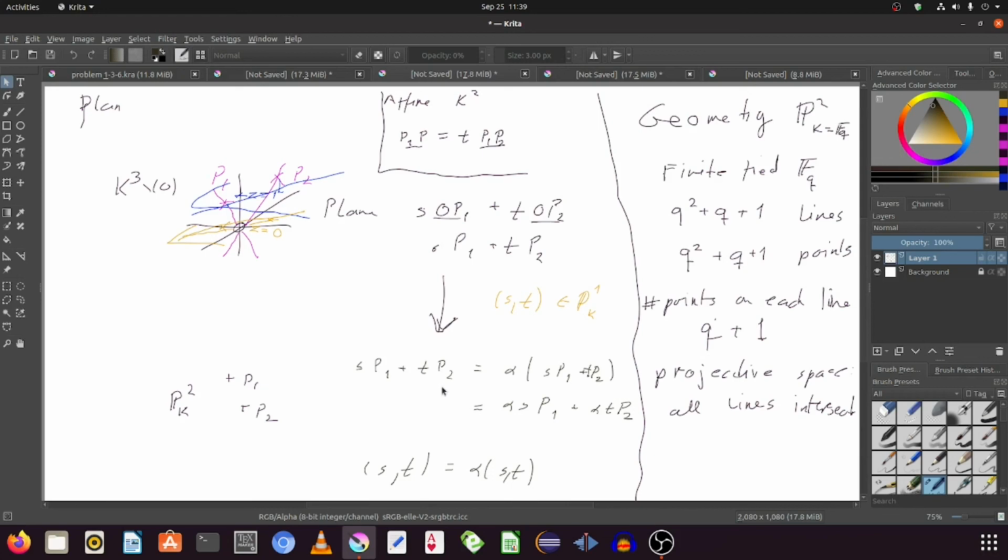And can't we just do that by taking the determinant with P? No, that's because it's a projective point, not an affine point.